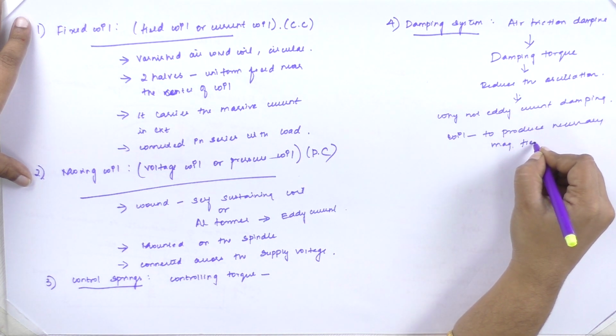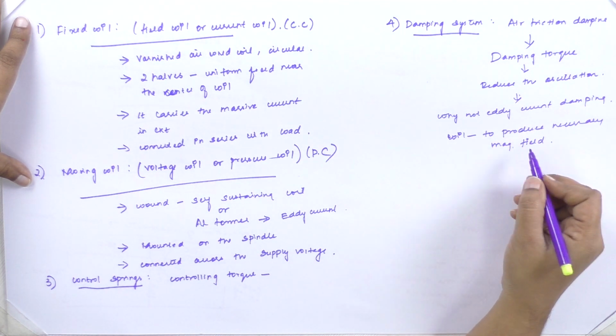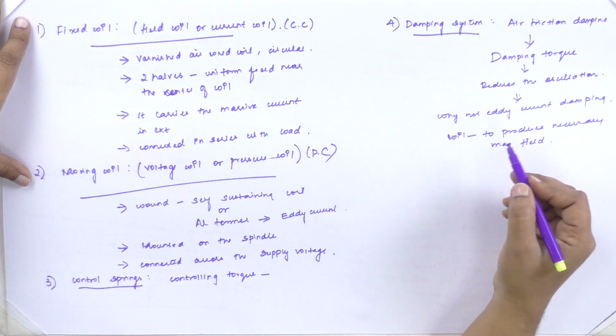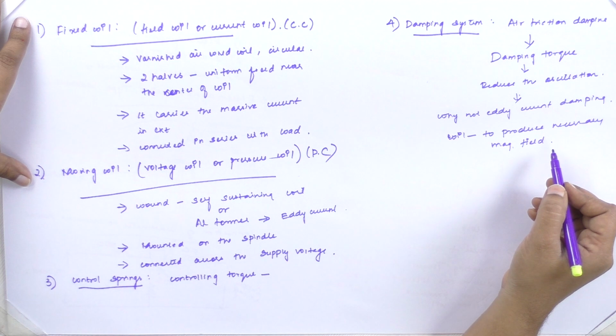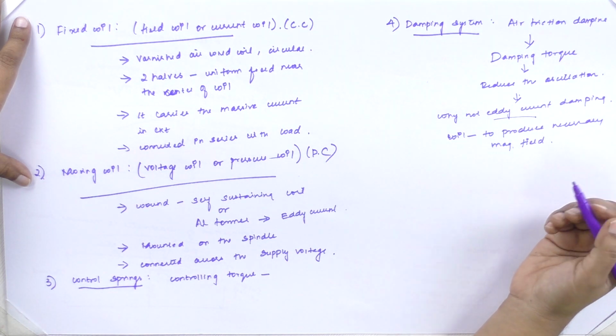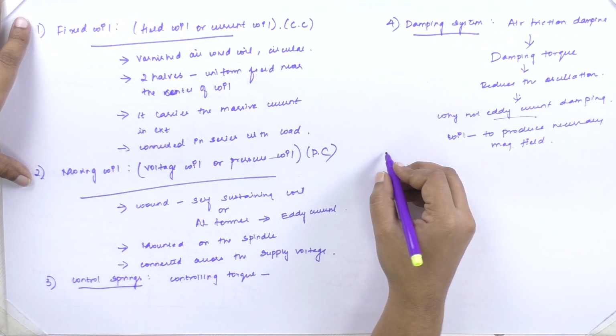So, the magnetic field produced by the coil will depend upon the amount of current flowing through the coil, which is very weak. But in case of permanent magnet moving coil type instrument, we have used a permanent magnet in order to produce the necessary magnetic field. So, we cannot use eddy current damping for wattmeters used to measure AC quantities.